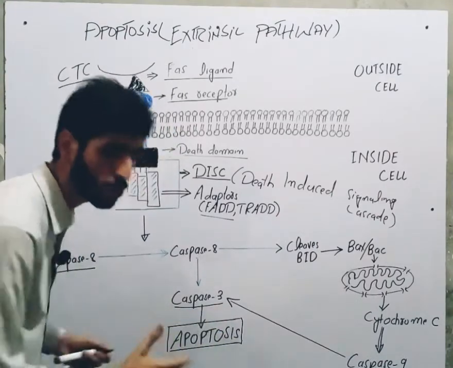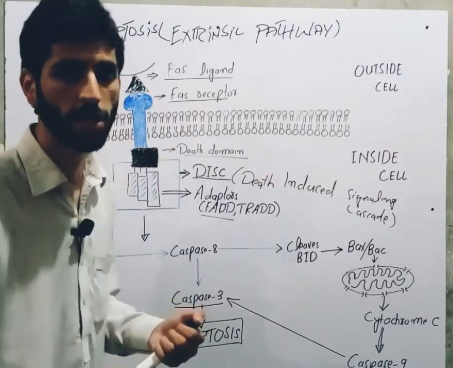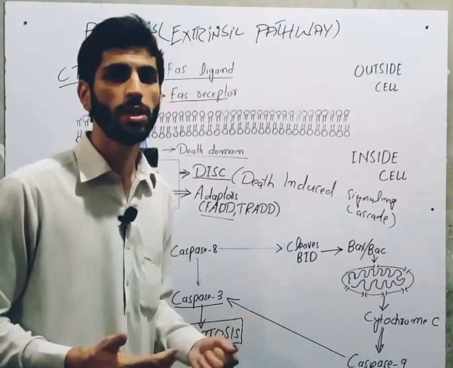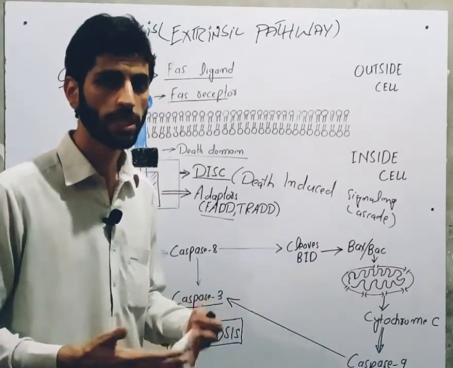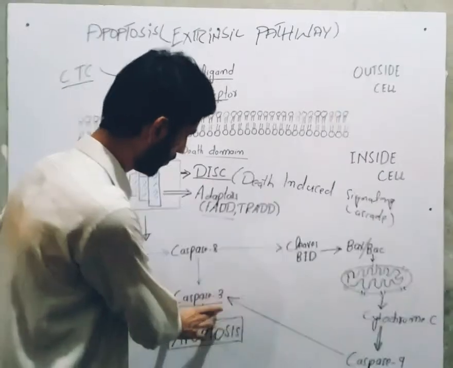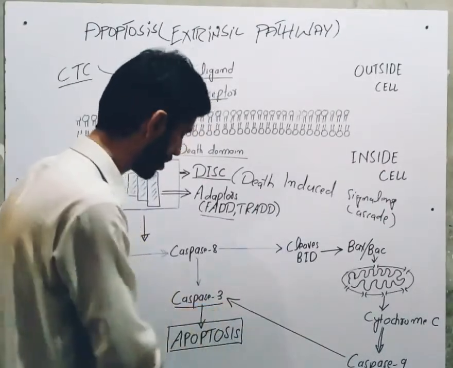This caspase 3 goes and activates some enzymes inside the cell. As we already talked about, there are enzymes called proteases and nucleases, which are activated by this caspase 3.